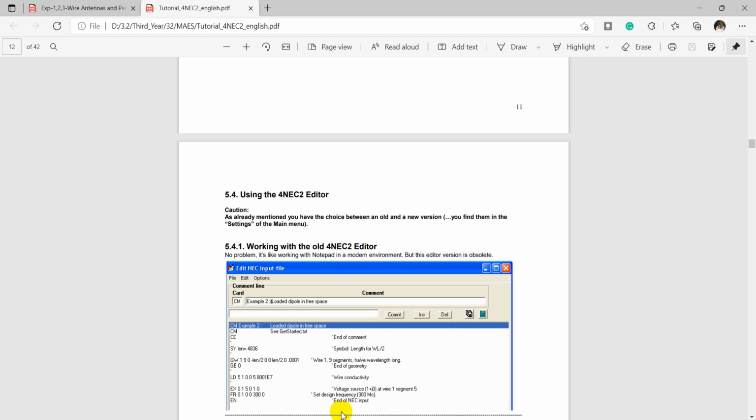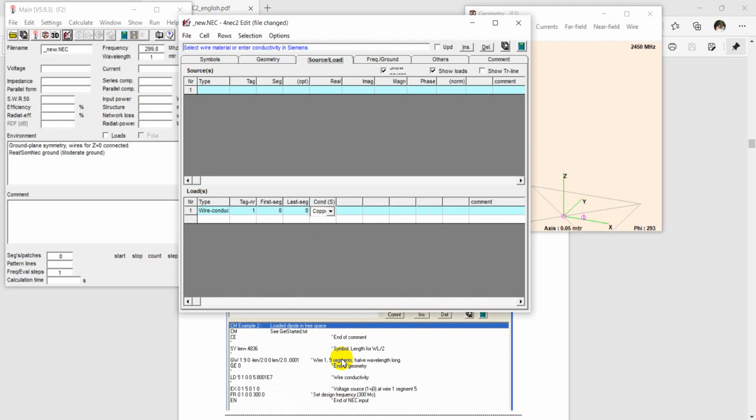Then you have to design the excitation segment, which includes the voltage source. So here you have to put the value in the voltage source, which indicates the voltage source should be taken to fit this antenna.